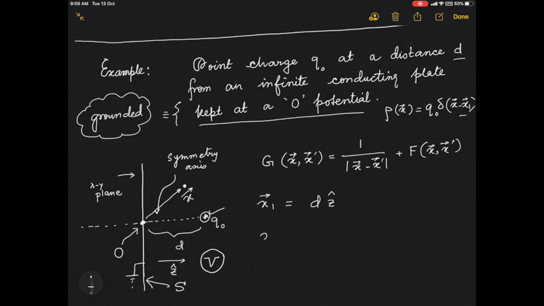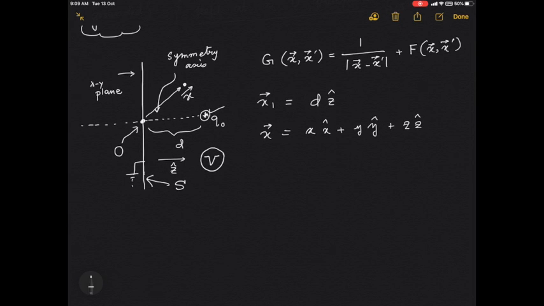So if I take any other point inside my volume where I want to calculate the potential, so that x is essentially... one thing I realize is that I have a symmetry in the problem about the z axis.